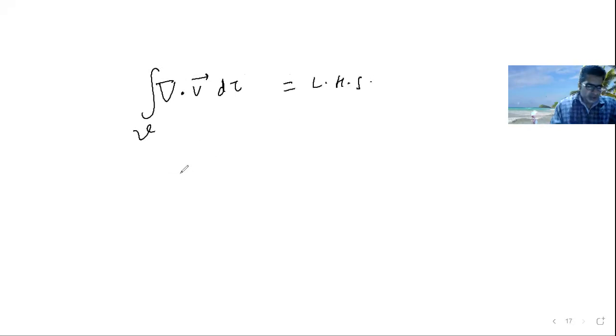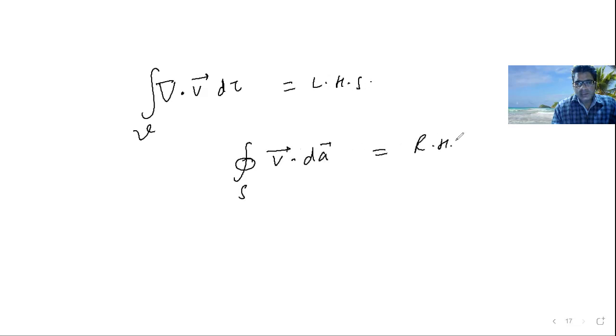Then you divide the surface into 6 pieces as we have done in the example. First, second, third, fourth, fifth, and sixth. Then you add those pieces to find this surface integral. That will be your right hand side of the divergence theorem. When you do that, the left hand side must be equal to the right hand side. Right?